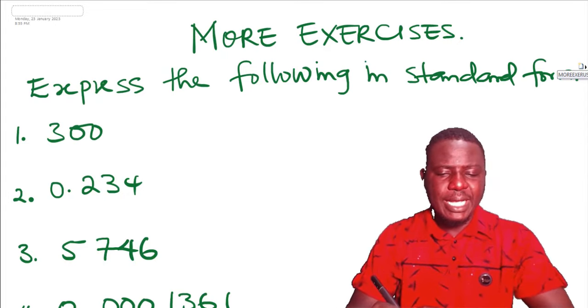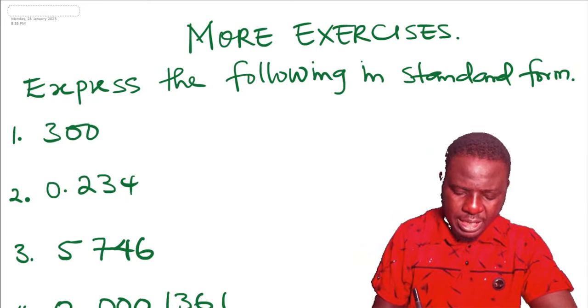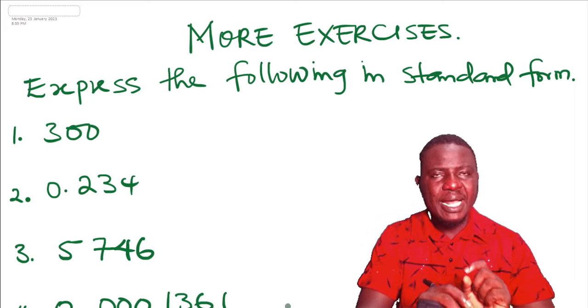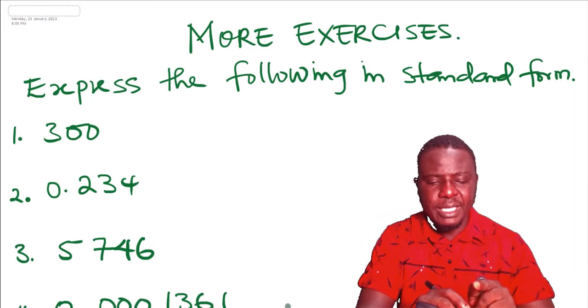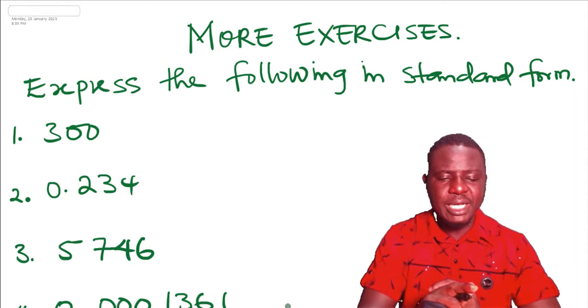We are going to take more examples or more exercises on standard form. This is to help you understand how numbers are written in index form, such that when we get to indices, it becomes an easy ride.